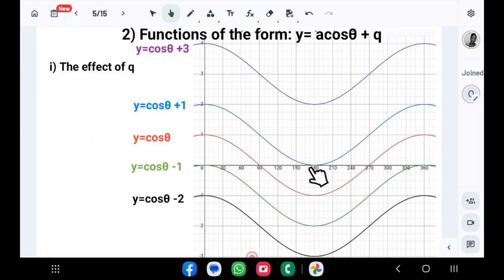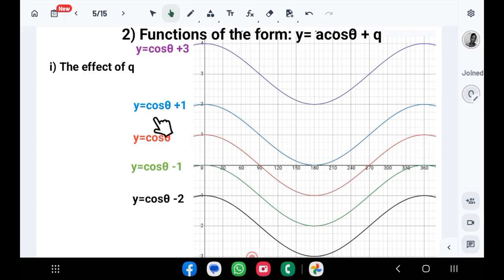The minimum turning point also 1 unit up, and it ends up now making up an x-intercept at 180 degrees and 0. That's the effect of shifting the graph of y equals cos theta by 1 unit up, which is making q equal to 1.